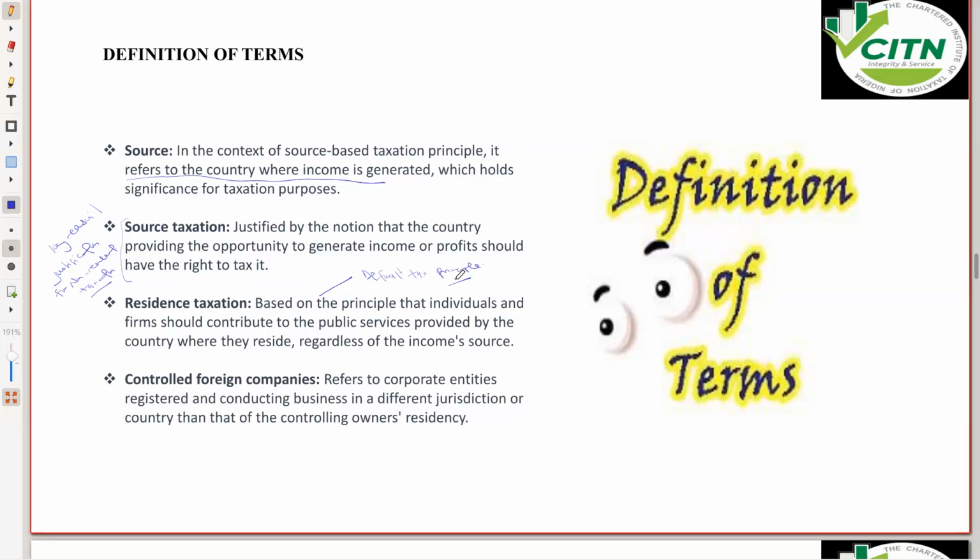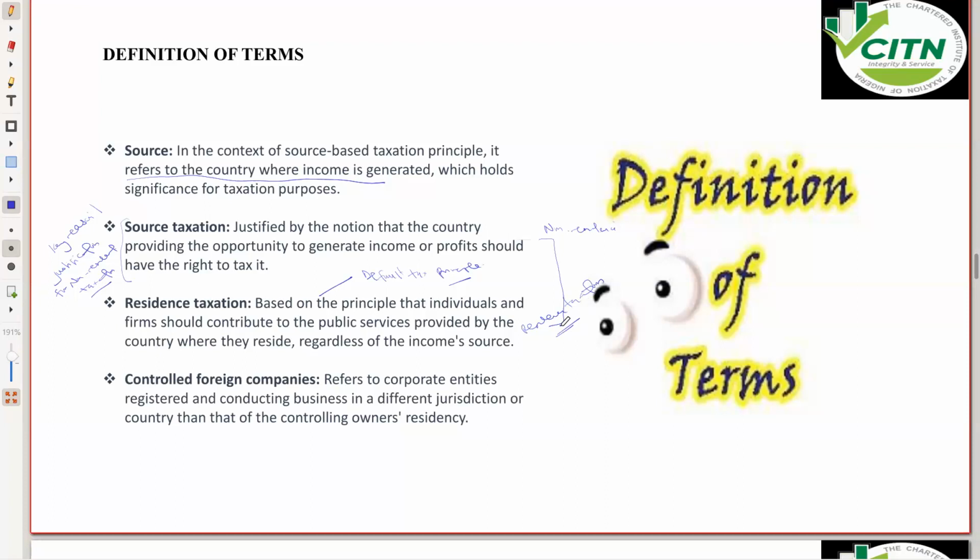You benefit from social amenities, infrastructure. So the principle here is that because you benefit from these public services, you should be taxed on the income you derive, wherever you derive it, because we provide you with a convenient environment to be able to generate that revenue. So these are the key concepts and principles around residence taxation and the justification for non-residents. Important to take note of these two key principles.